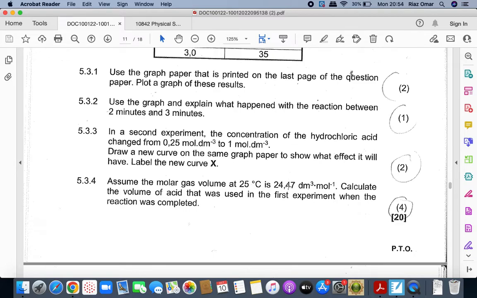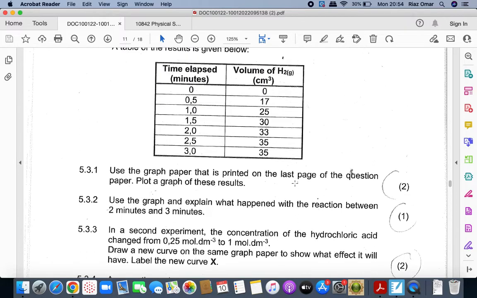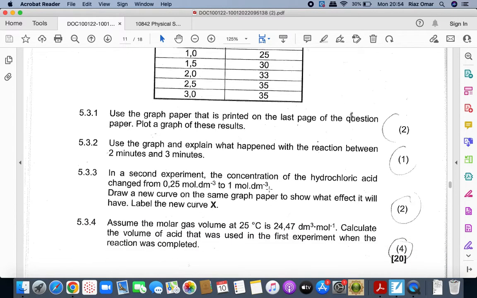So we got a number of moles is 24,4 dm cube. So there's a molar volume, right? The molar volume of the gas was 24,47 dm cube. But if you look at our case, we see how much volume we got, 35 centimeters cube. So we can calculate the number of moles.